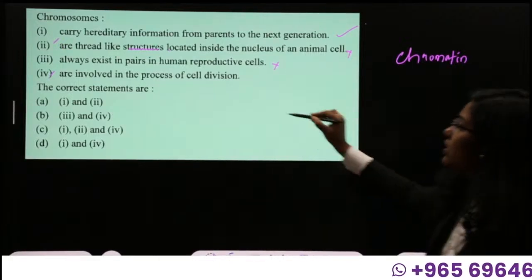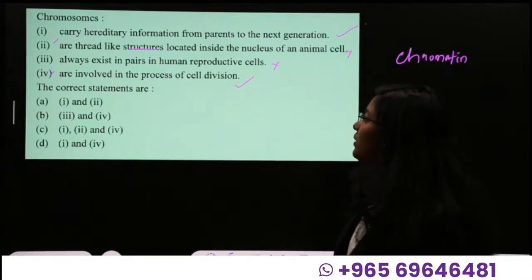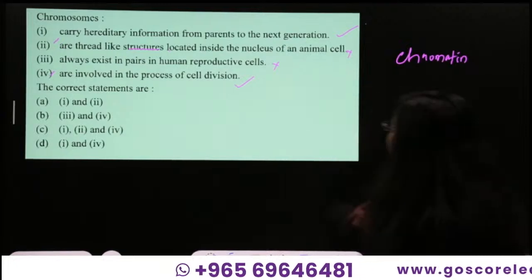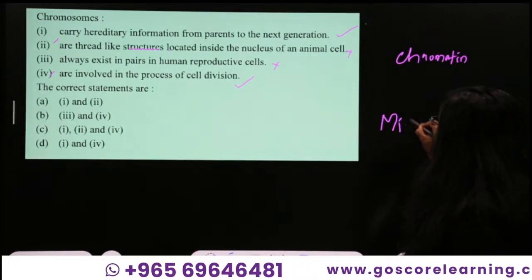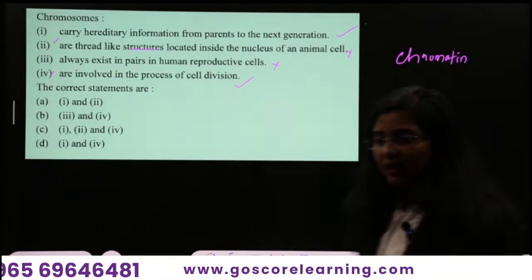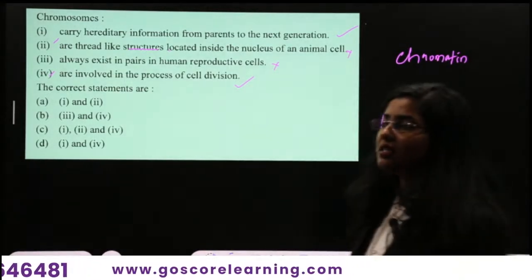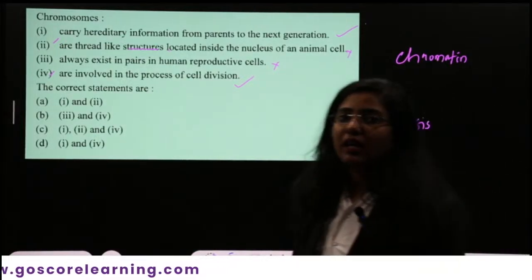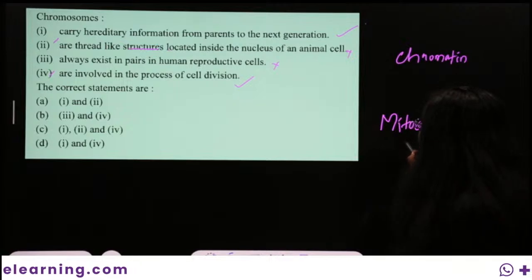Then the fourth statement, it is involved in the process of cell division. Yes, chromosomes are involved. Why? Cell division means mitosis and meiosis. You have learned this in grade 9, in the cell chapter itself. If you consider one particular cell, that is mitosis.